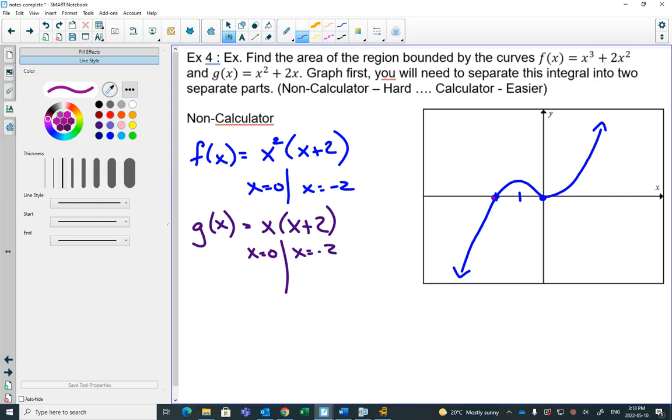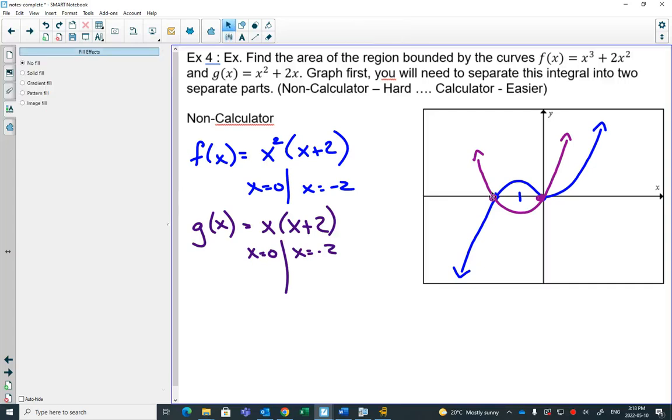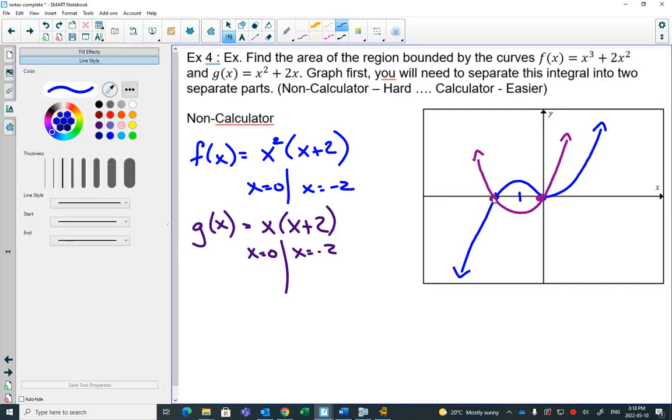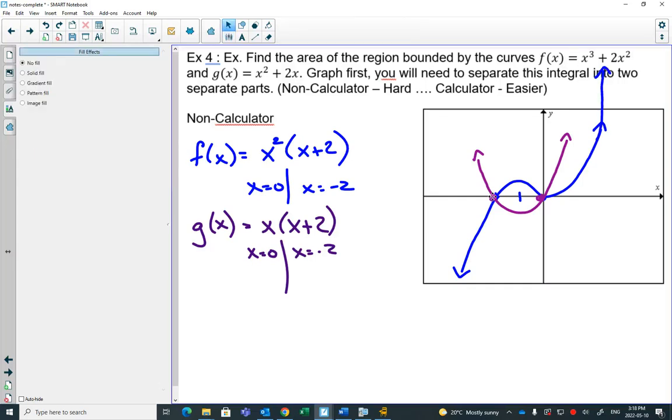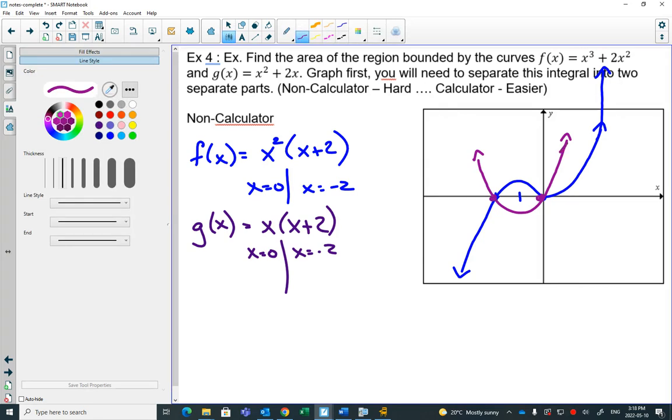So I have 0 and -2, and I know that my parabola is opening up, so my parabola is looking like this. Now, my blue graph will go up sharper because it is a cubic than my purple graph. It's not a really good drawing at that point.